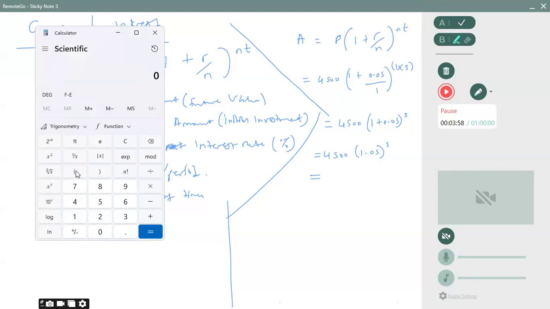So you put brackets, 1.05, close bracket, then the power. On the other function. I think they're not here. 1.05 close bracket.